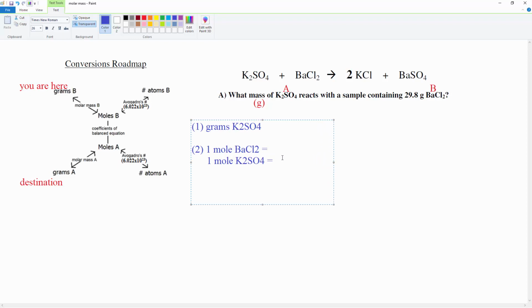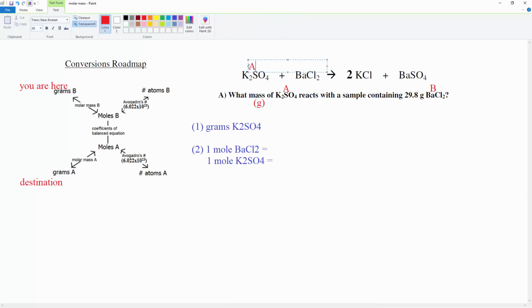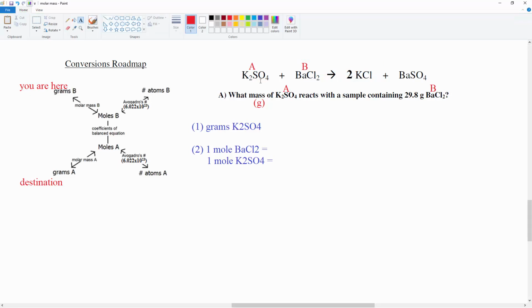What else am I going to need to solve this problem? The coefficients of the balanced equation, right, to get from B to A. So if I said here that K2SO4 was A and BaCl2 was B, all right, the coefficients here, it doesn't look like there is one, but there is one.